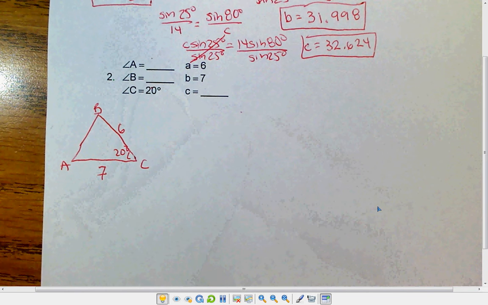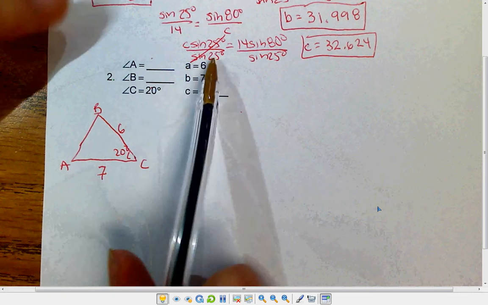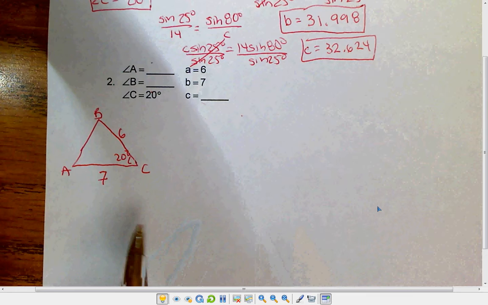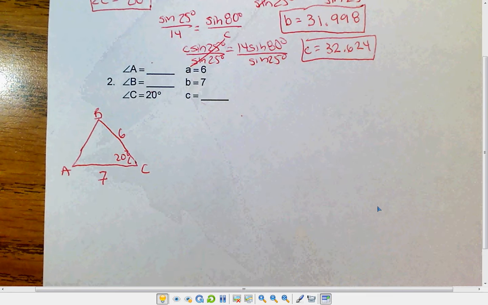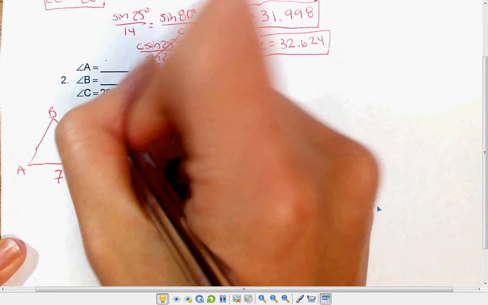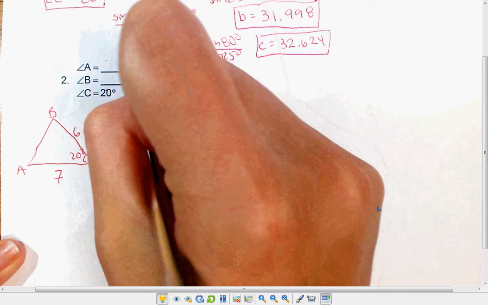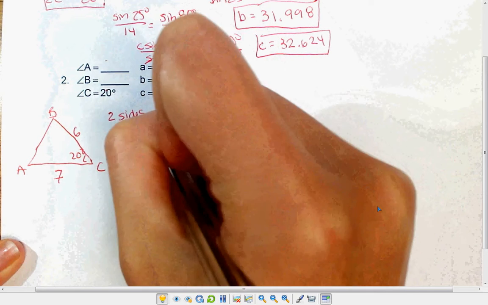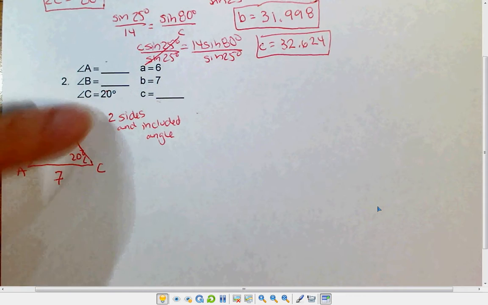So unlike the past problem, we don't have a pair. We don't know a pair of A, B, or C. And we also don't have two angles that we can use 180 degrees for. So this time, because we have two sides and an included angle, which means the angle in between them. So two sides, angle in between them.